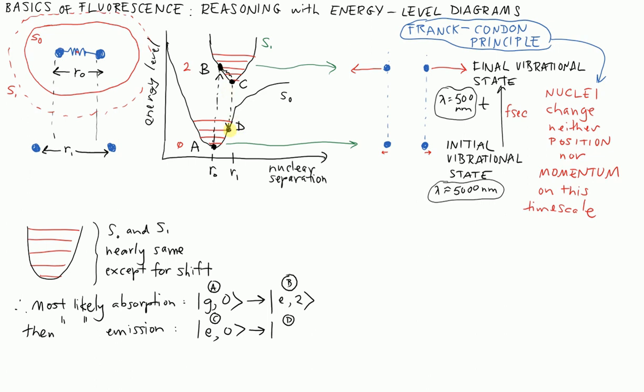And by the symmetry of these two shapes being the same, by shifting over sideways, if A takes me up to B, hitting the second level up vibrationally, then going from C down to D is going to land me in the ground state and in the second level vibrationally. That's the key assertion that's happening here. Up and down follow those same absolutely vertical jumps.